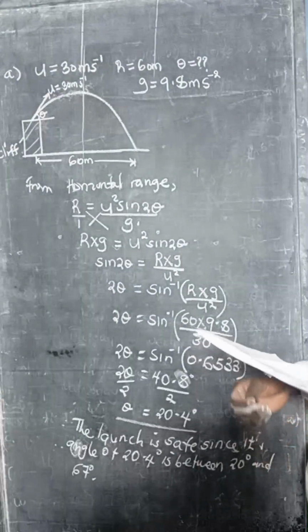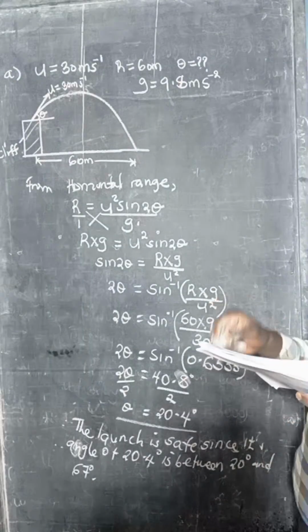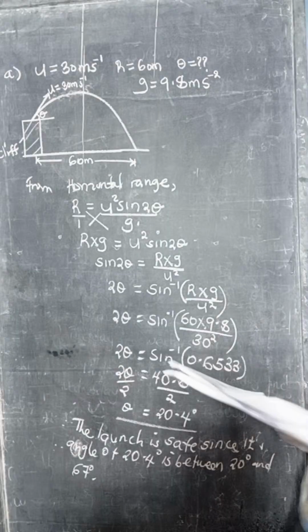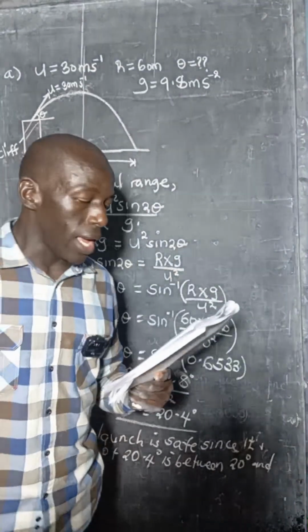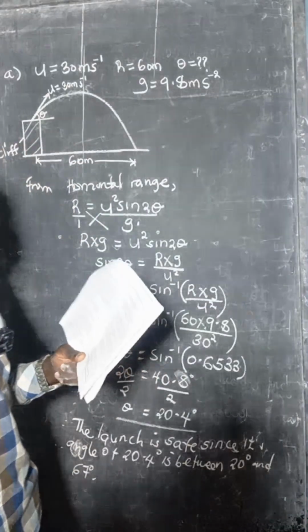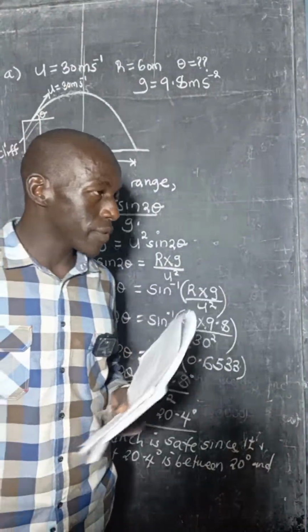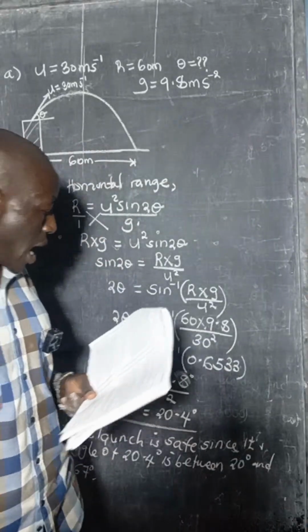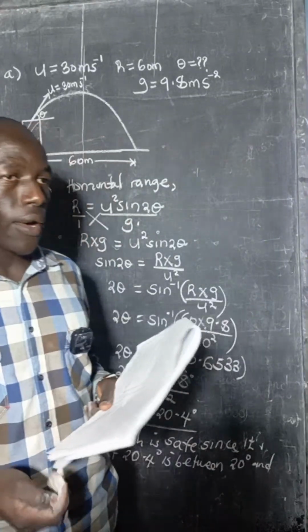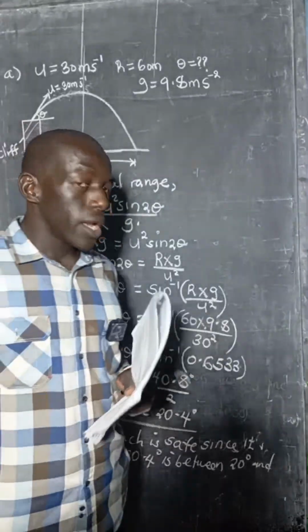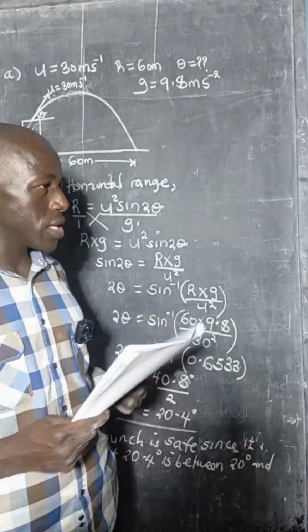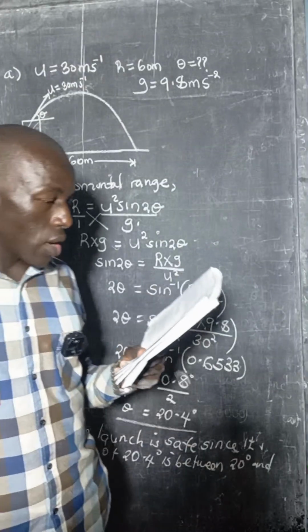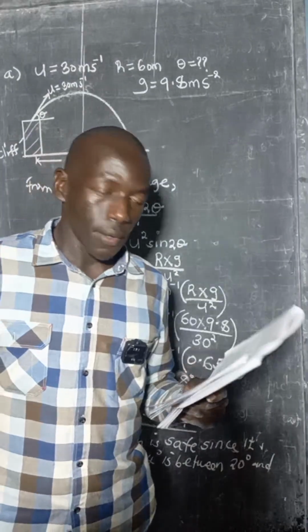Remember, that was concerning our part 1. So you realize that the rescue can also be said to be successful. You can also say the rescue will be successful since the angle lies between the given range. There are many ways you can come to this, which means any English I use here is always correct.